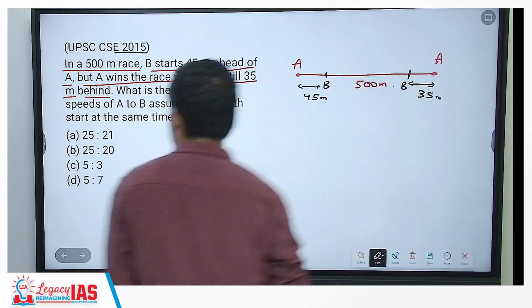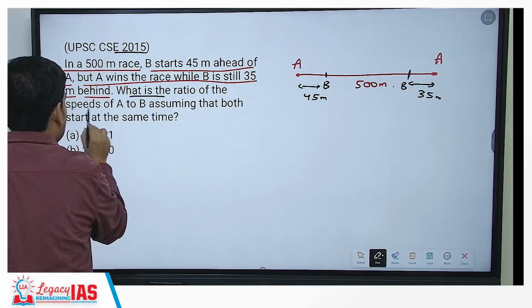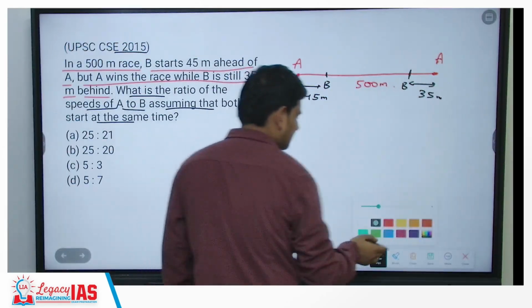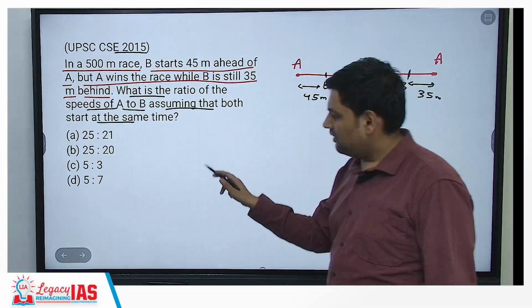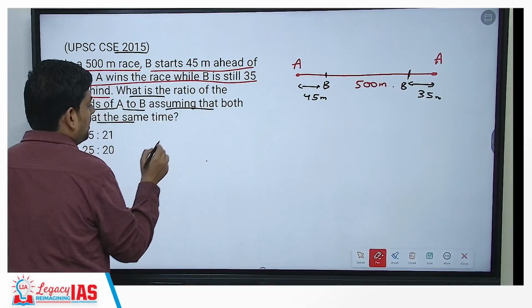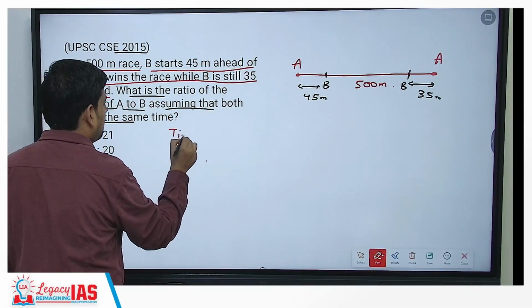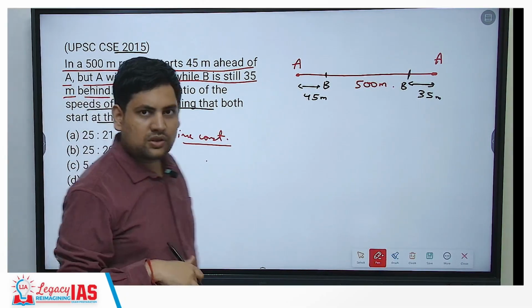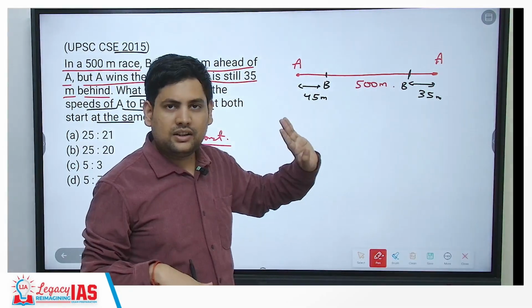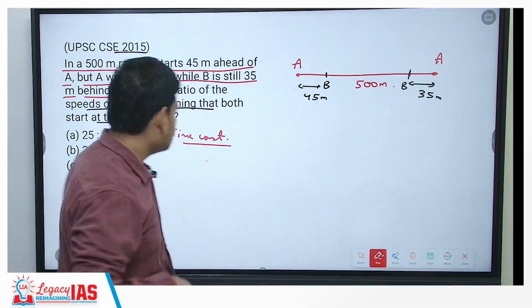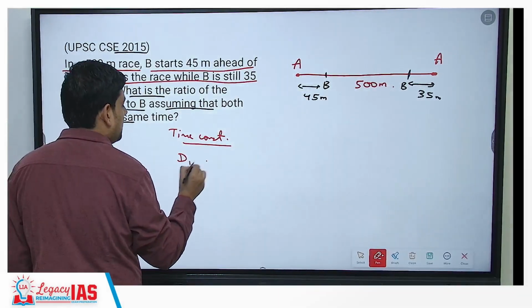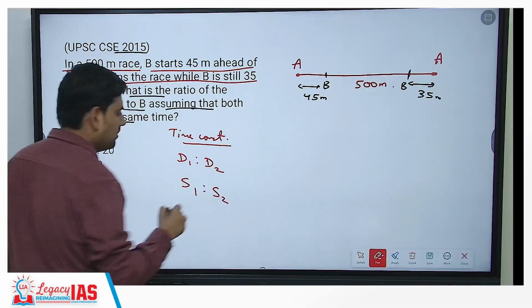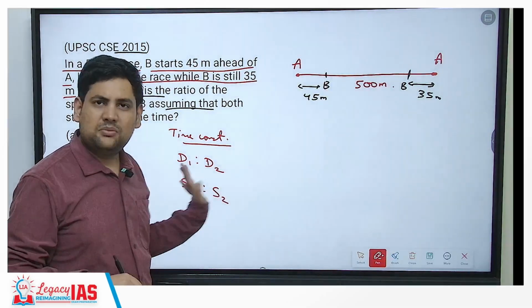Now it is asked, what is the ratio of the speed of A to B, assuming that both start at the same time. Now, by now you understand that if time is constant, both are moving for the same amount of time, starting at the same point, ending at the same point, then distance 1 ratio distance 2 will be equal to speed 1 ratio speed 2, because speed is equal to distance upon time, time is same, so you cancel that out.